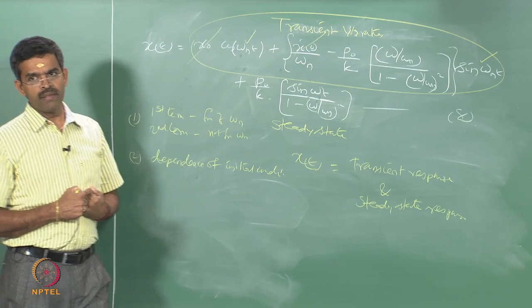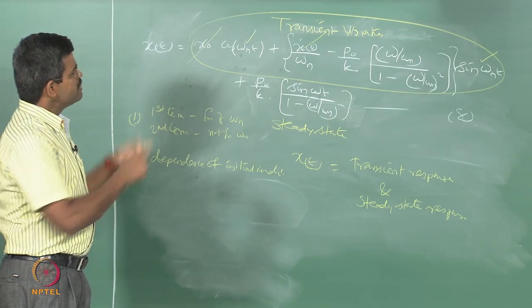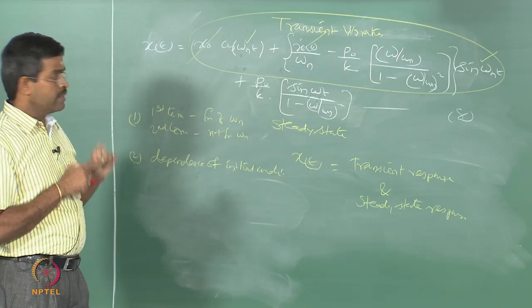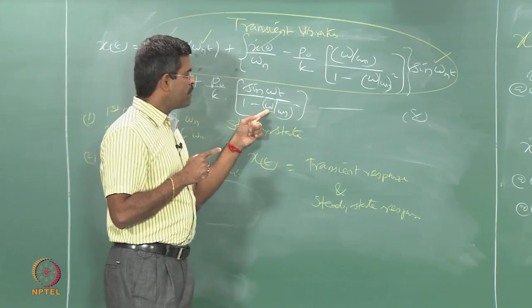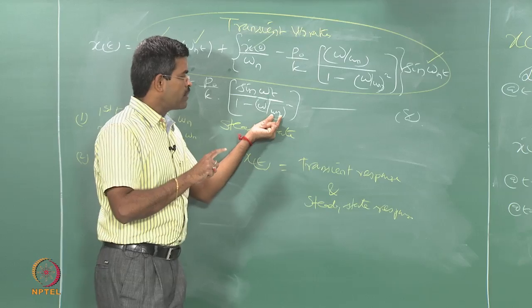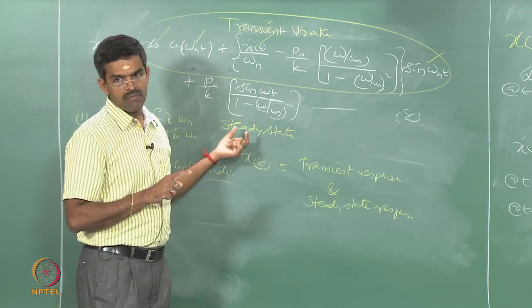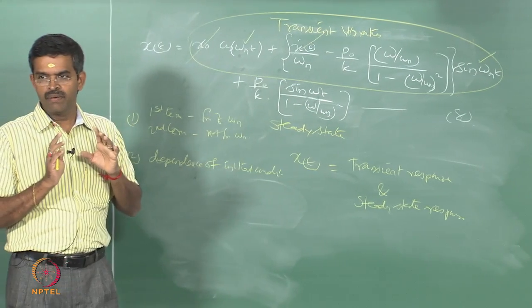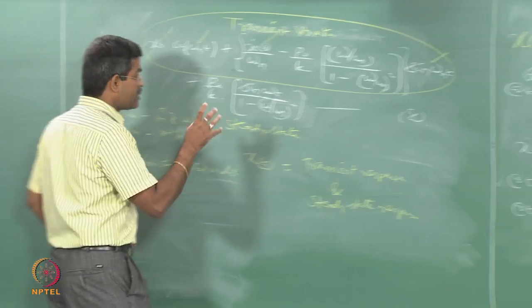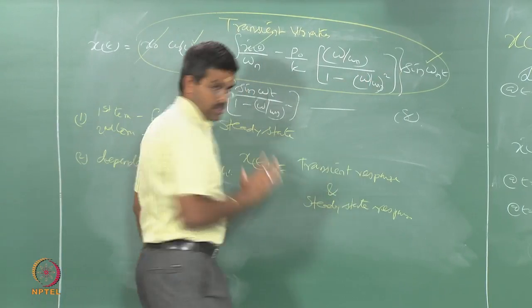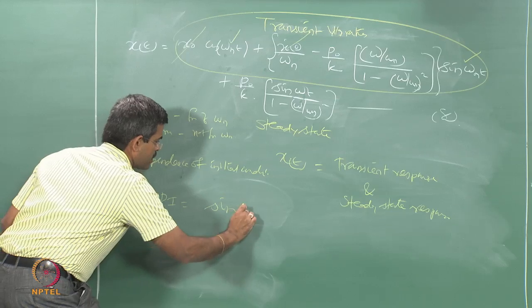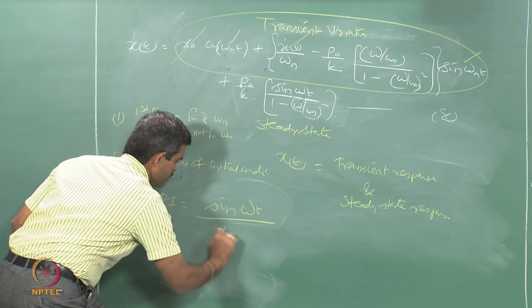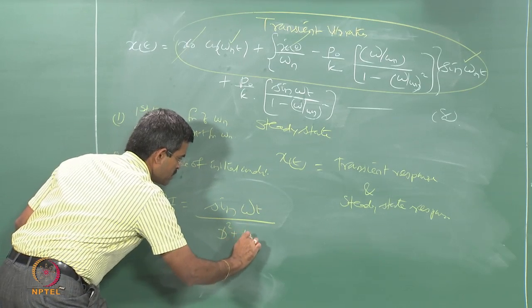Now, interestingly, in this equation 8, if the forcing frequency becomes matched with the natural frequency, the function will become infinity. But I cannot handle that in the mathematical solution here, because look at the particular integral, sin omega t by D square plus omega n square.